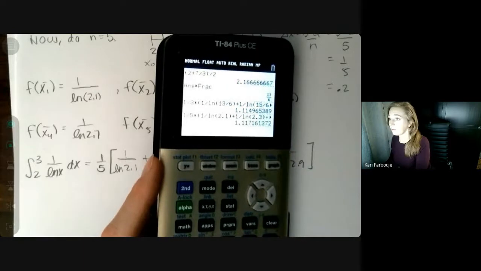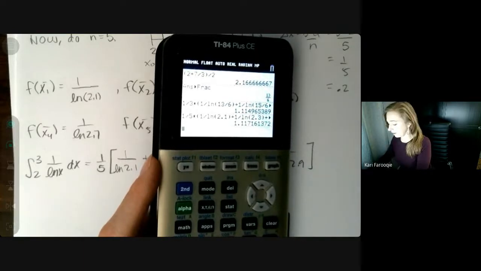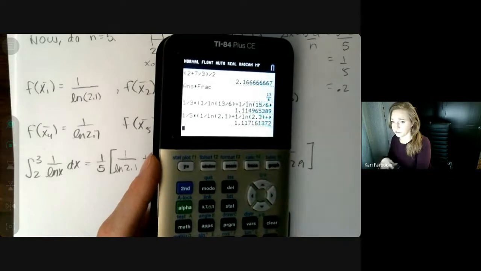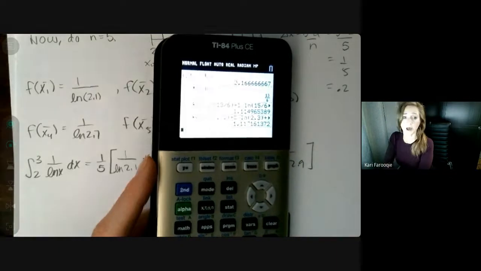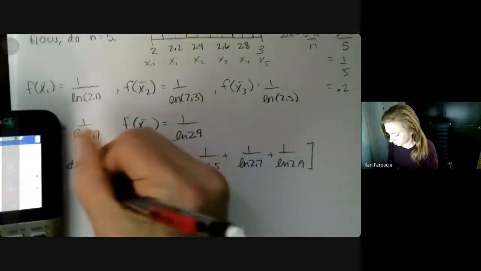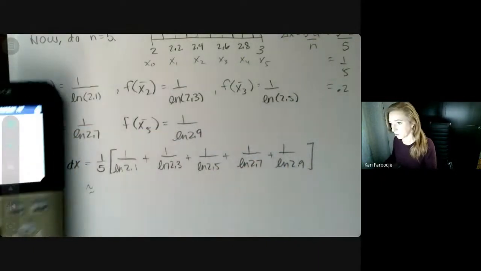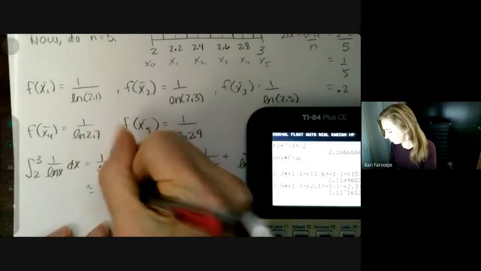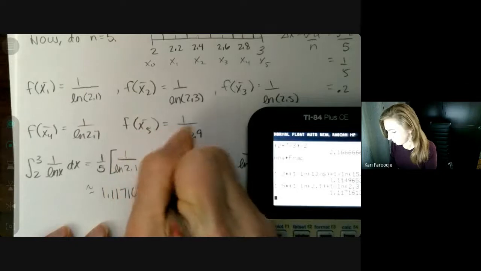Now, if I got something that was really far off from what I got in the last approximation, I would look back and be like, whoa, did I enter something wrong? Because this should be at least close. And this is close. We're getting approximately 1.117161372.